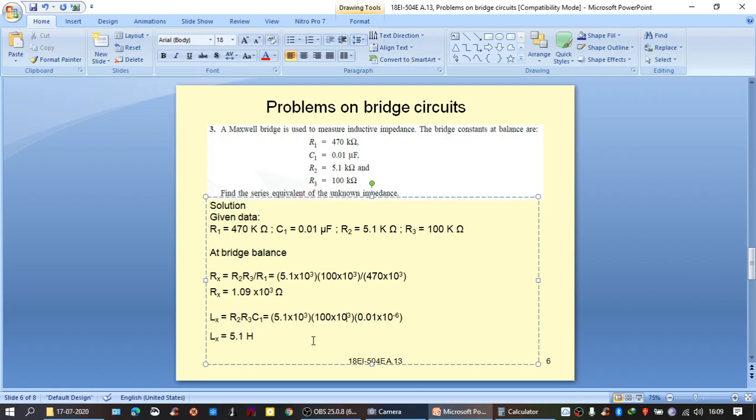R2 is 5.1 into 10 power 3. R3 is 100 into 10 power 3, and C1 is 0.01 into 10 power minus 6.